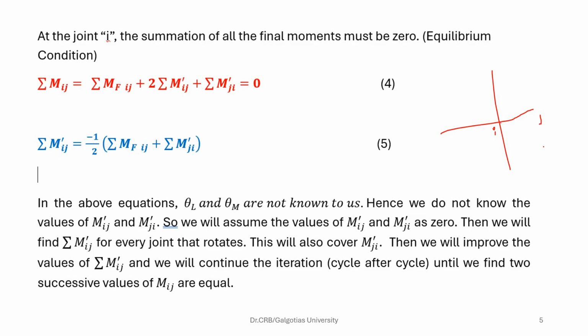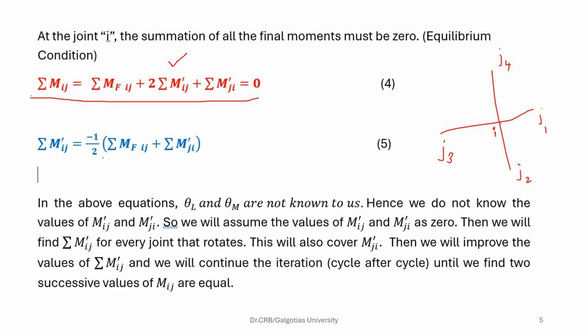So this will be I, and this will be J1, J2, J3 and J4. These ends are the far ends and I is the near end. You can see that this is a more generalized equation for the whole problem. From this you can get M dash IJ, so we concentrate on the rotation contribution of the near end.